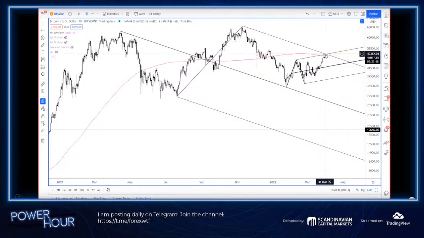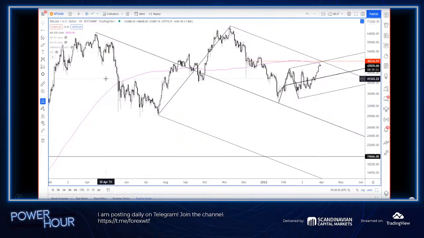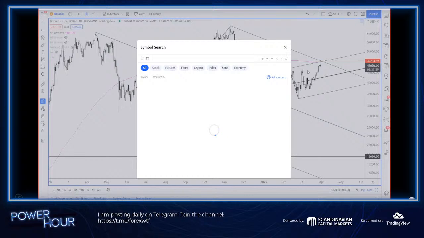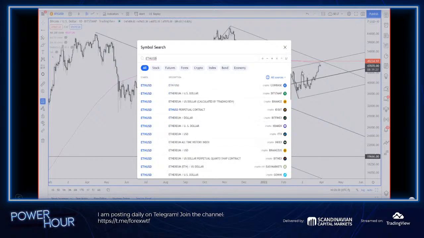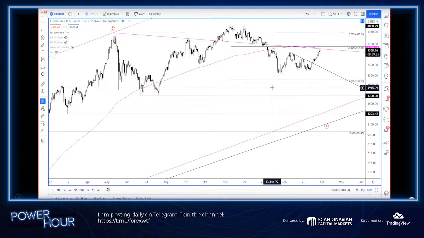So I would mark 49,000 on a big sheet of paper or on your wall and pay close attention to that, because that might be a great short opportunity. So yeah, 49,000, that's where my head's at, looking into 48,000 and then maybe going the other way.